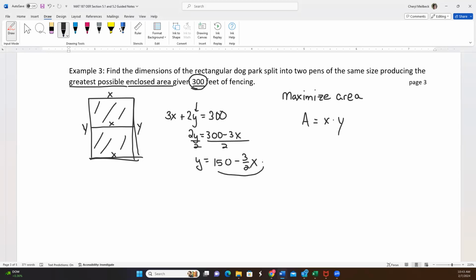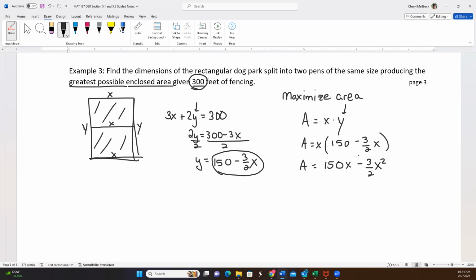But the reason we solved this for y is that now we can substitute that in for y, so we'll just be looking at an equation that has one independent variable. So this is going to say A equals x times 150 minus 3/2 x. Multiplying this out, we get the area is 150x minus 3/2 x squared.